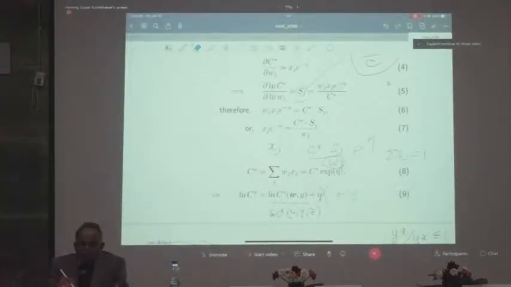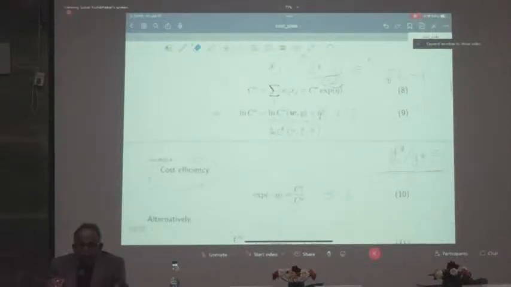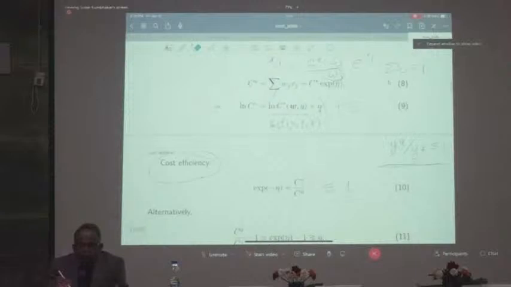So log of actual cost is log of the minimum cost plus this input oriented inefficiency. And then I added B in here because again we need to add a noise term to estimate the model econometrically.